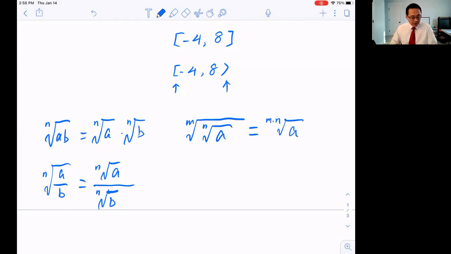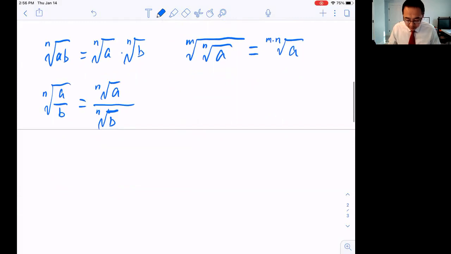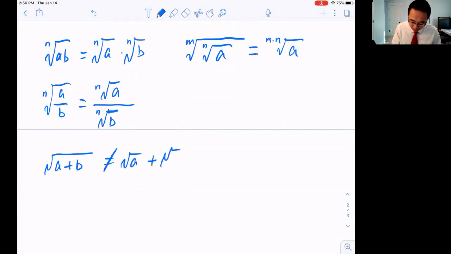So the way to do this is really just through practice. Let me see if I can find something for you to practice. But remember one thing: the square root of a plus b never equals the square root of a plus the square root of b, okay? That is a common mistake people make.